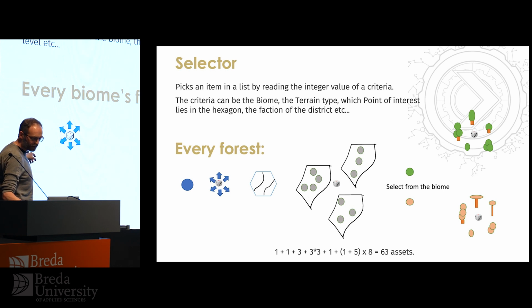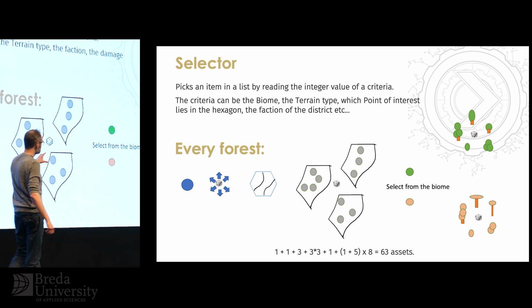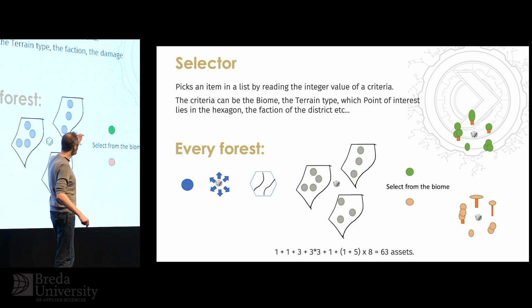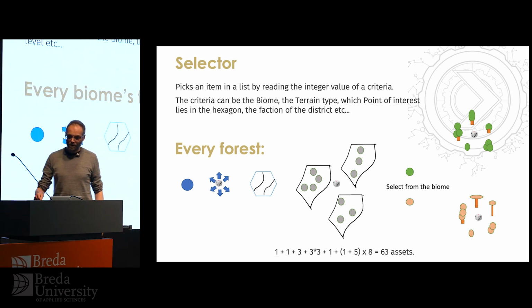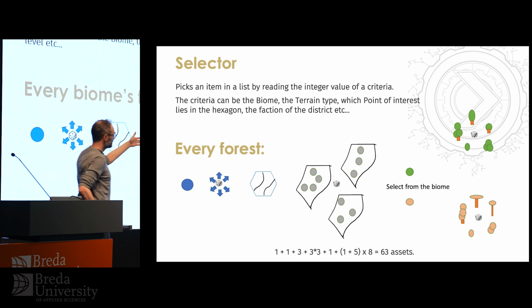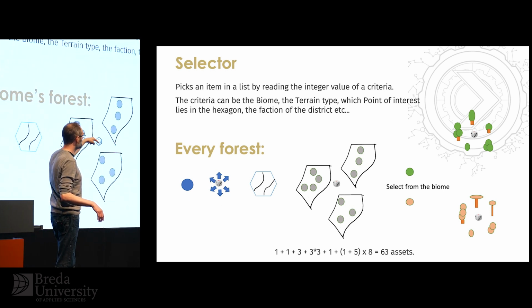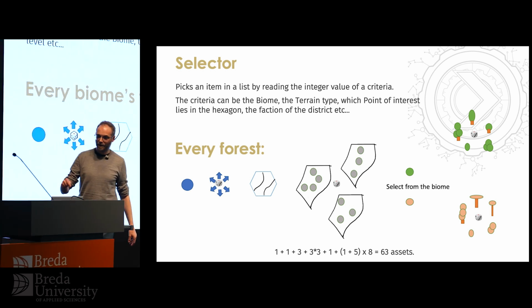So it is the same first step, and at the end, instead of randomizing the tree, we insert a new element, a selector, that will select the random tree based on the biome. And with that, you have all the forests, and you only add 1 intermediate object.